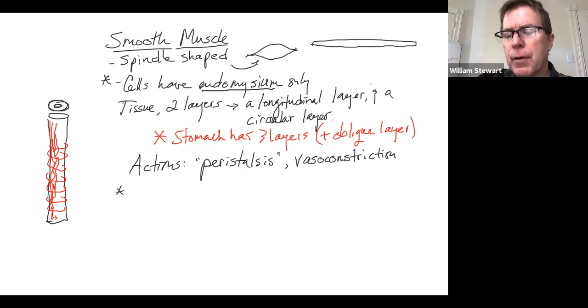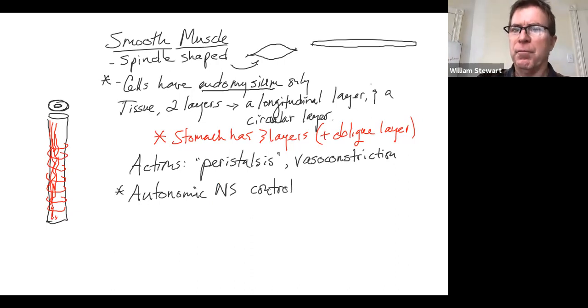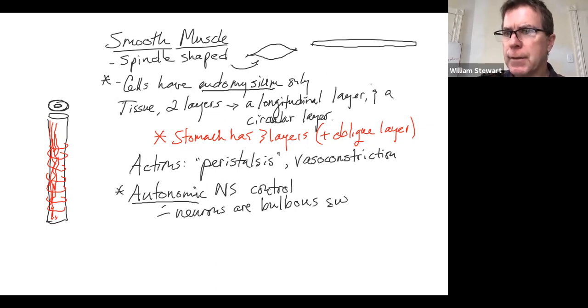Smooth muscle is under autonomic nervous system control. We haven't studied the nervous system yet. This is the part of the nervous system that we don't have conscious control over. The neurons, the nerve cells, have these bulbous swellings. B-U-L-B-O-U-S.